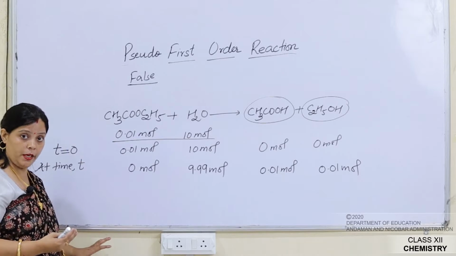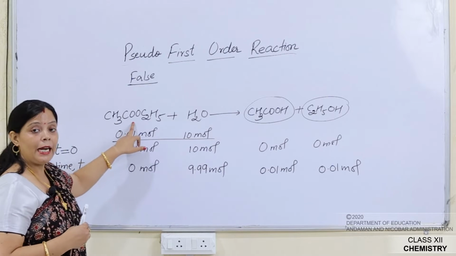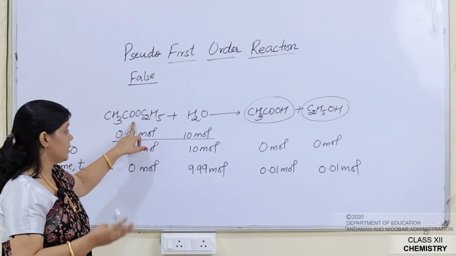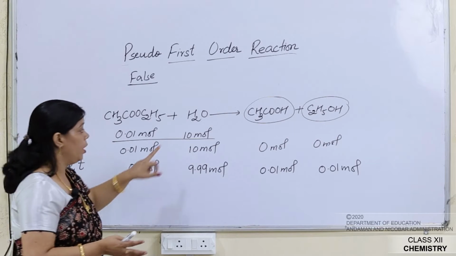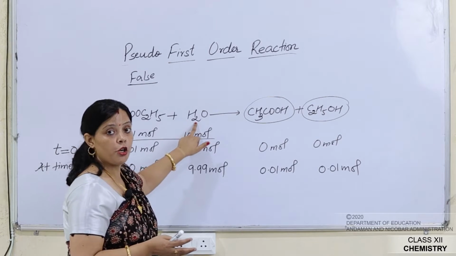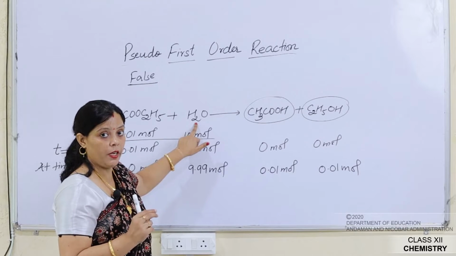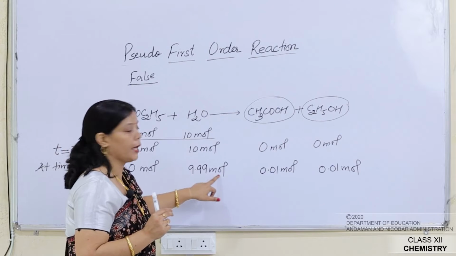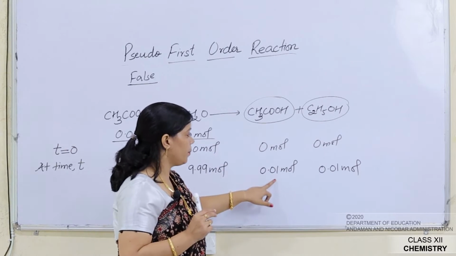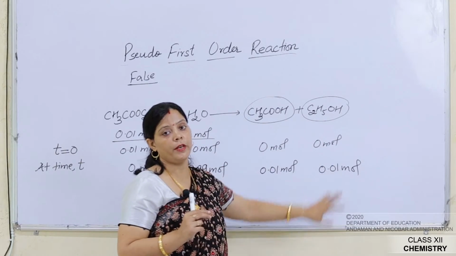After the completion of the reaction, at time t, the ethyl acetate is completely consumed to form the product, that is, it becomes 0 mole, whereas the concentration of H2O does not alter too much during the course of the reaction, and its concentration changes only to 9.99 mole, and the acetic acid formed is 0.01 mole, and ethanol also formed is 0.01 mole.